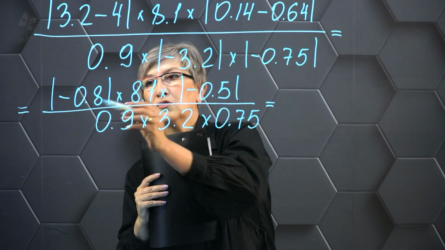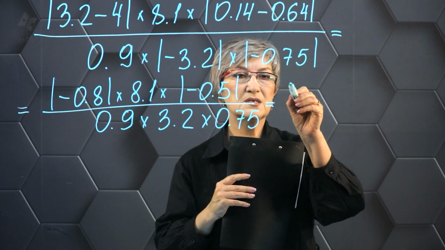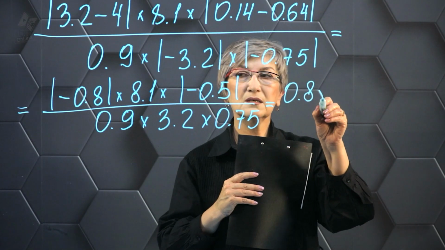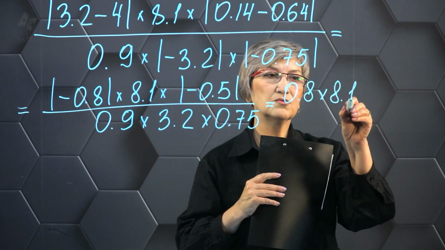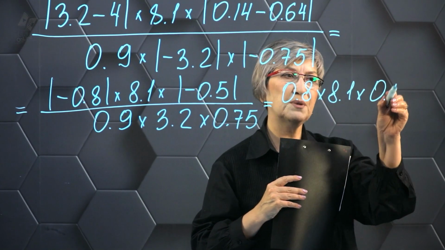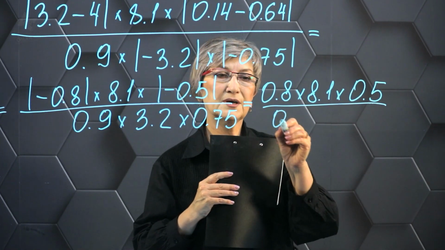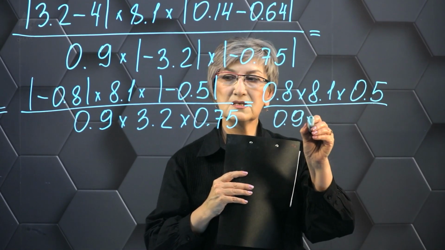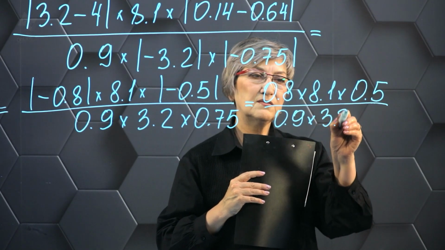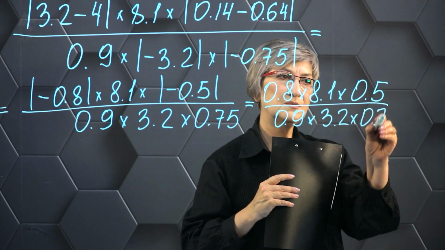Therefore, the modulus of the number minus 0.8 tenths is 0.8 tenths times 8.1 tenths times 0.5 tenths. And this product must be divided by the product of the numbers 0.9 tenths, 3.2 tenths and 0.75 hundredths.